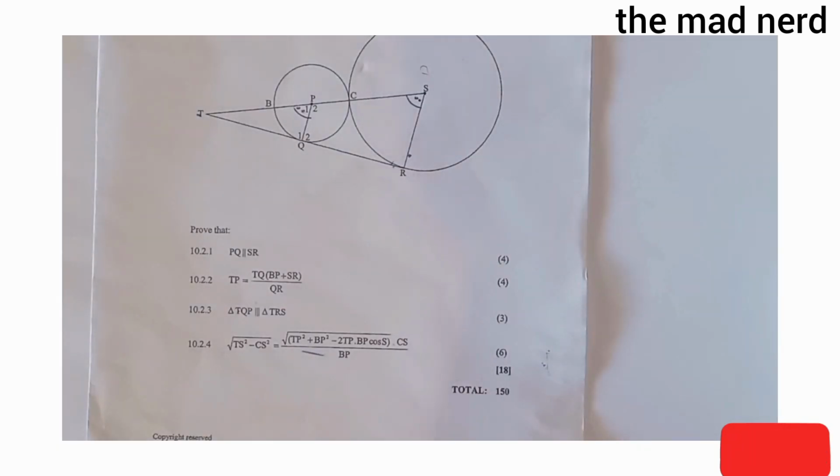Right, now let's look at 10.2.4, and it says here, prove that root of TS squared minus CS squared is equal to the root of TP squared plus BP squared minus 2TP times BP, then cos S, and then times CS over BP.